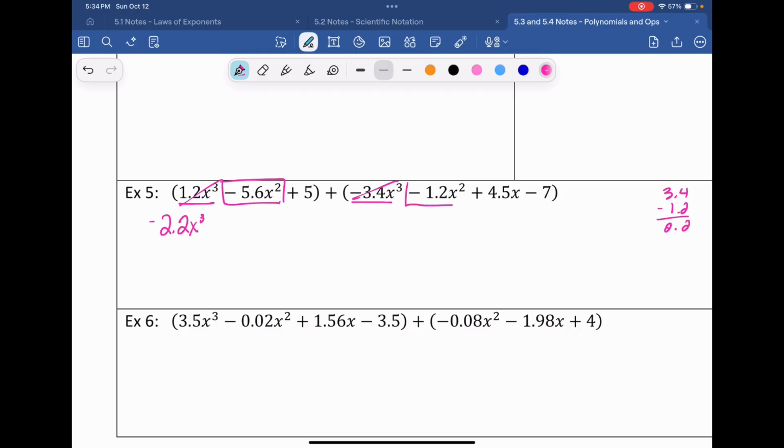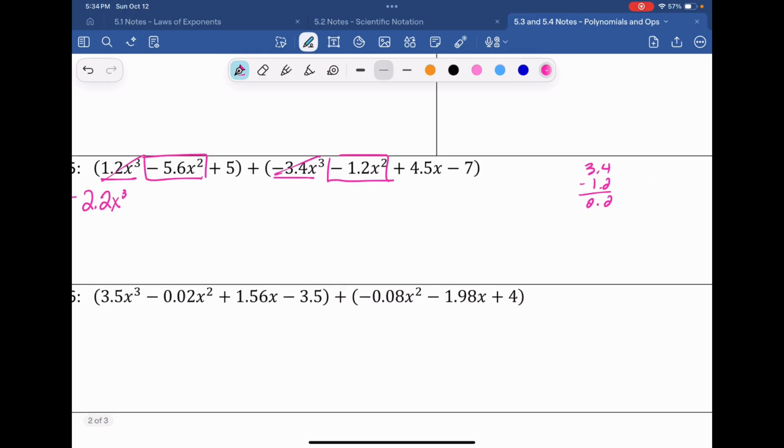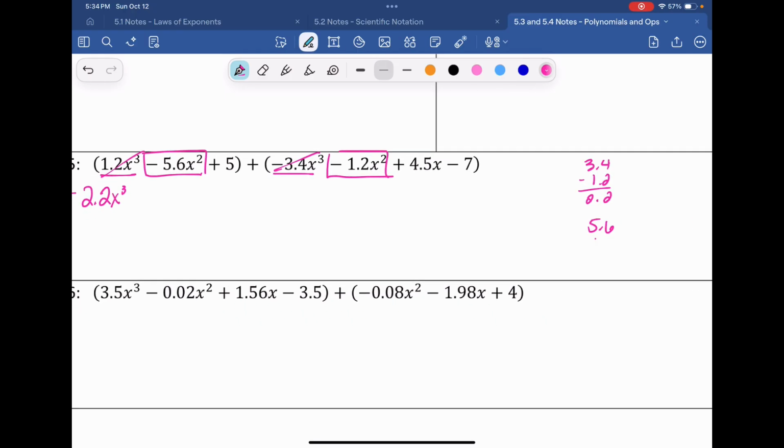There's a square there. .8, so negative 6.8. I don't have any x's over here, but I do have this x, so I'm just going to bring it down because I have nothing to combine it with. And then I have the positive 5 and the negative 7, so that's negative 2.